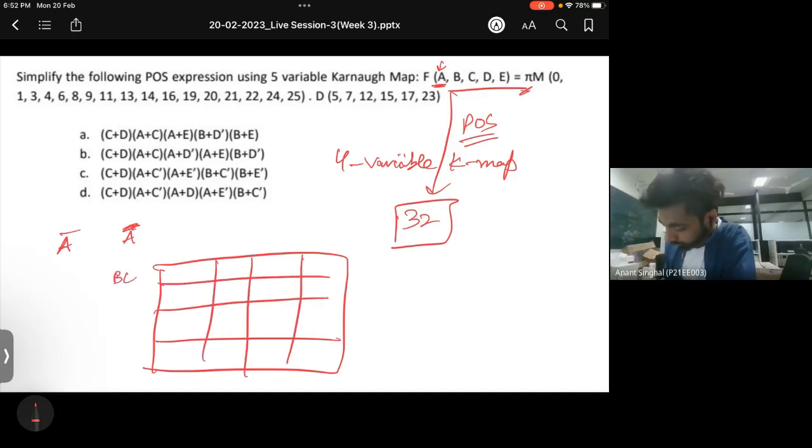This is for B, D, E. So for the first we'll fill this.